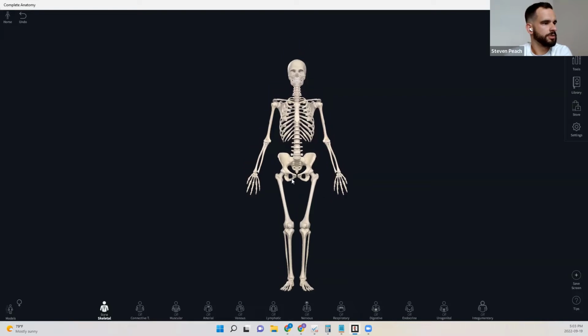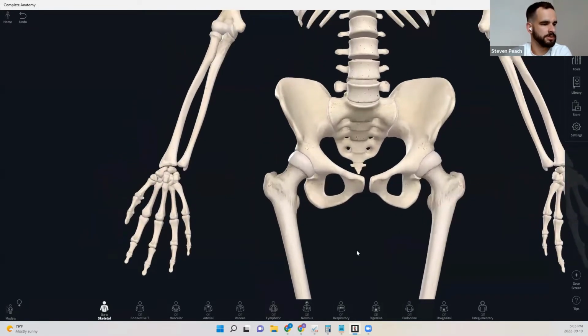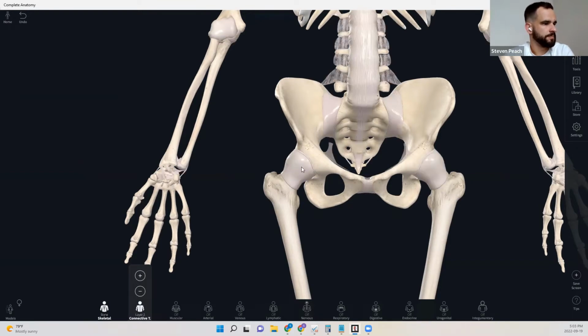So when we're talking about osteoarthritis, let's start at the hip. There are some major structures that we should get to first of all, and we're going to start off by looking at some connective tissue. So we're going to start adding layers around the joint.